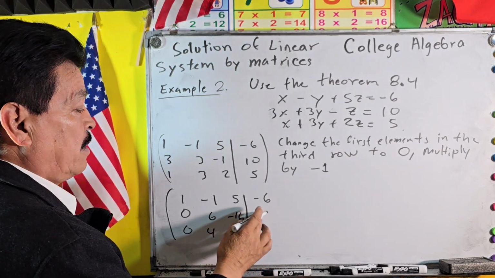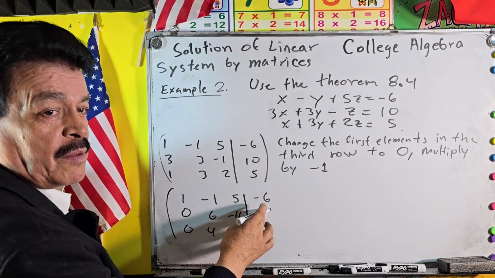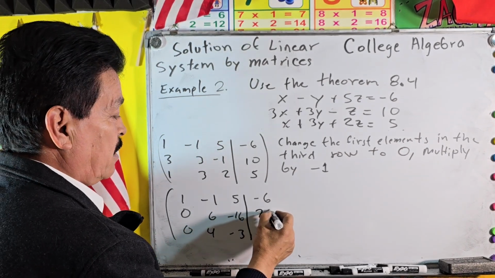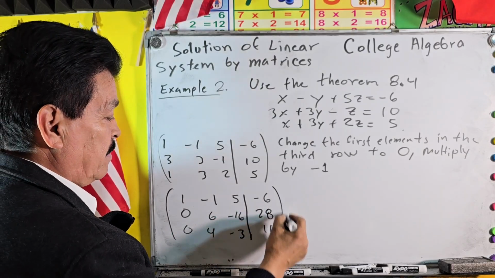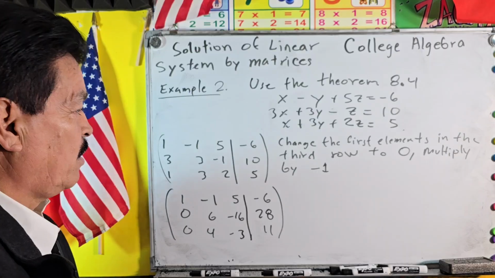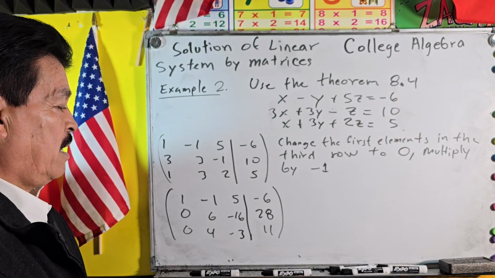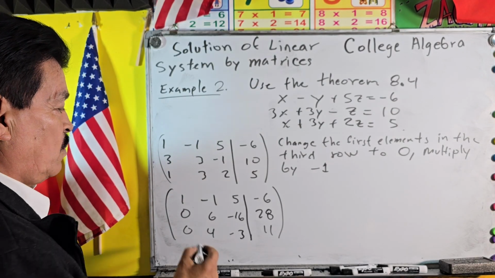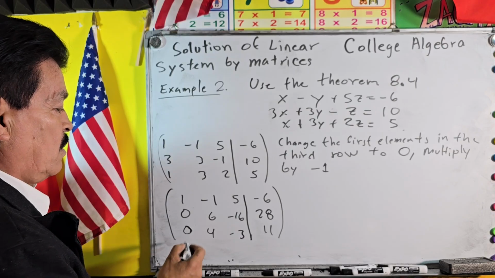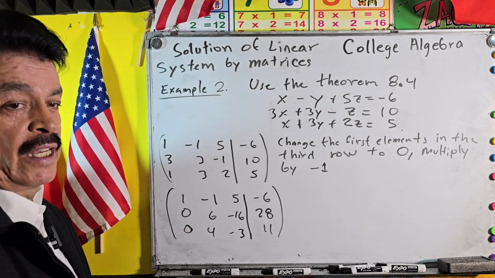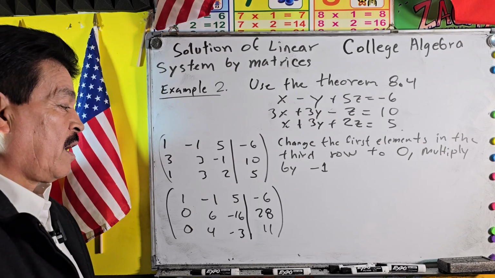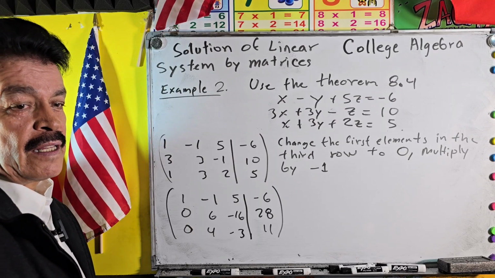When we multiply through the whole process, you will get 20 right here, and then right here 11. All right. When you make the change to these rows, what happened here? The same.